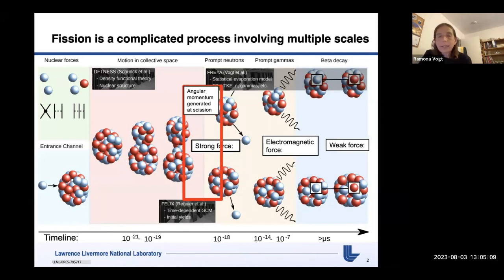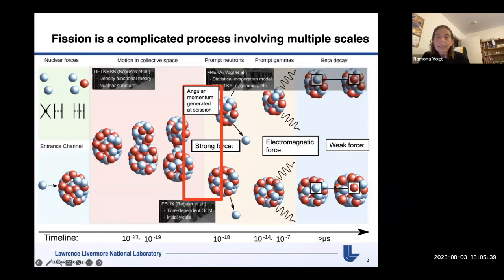And then after that, when you can't emit neutrons anymore, the electromagnetic force governs photon emission. And then you're down from fission fragments to fission products. Later on you talk about cumulative products, when you've included the beta decay that's governed by the weak force.